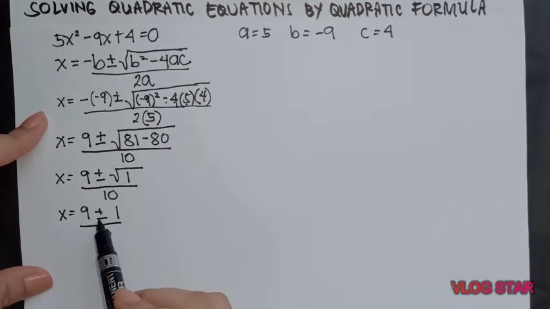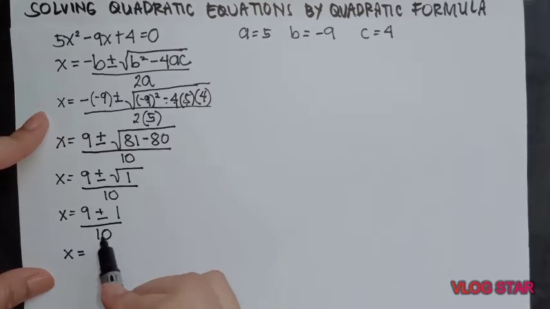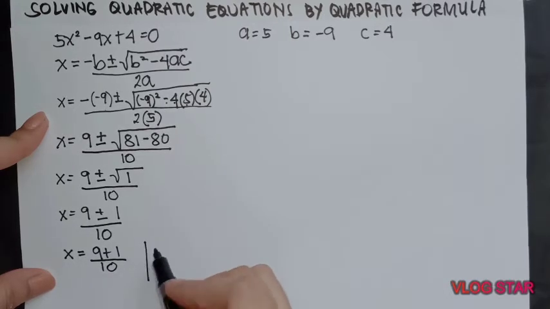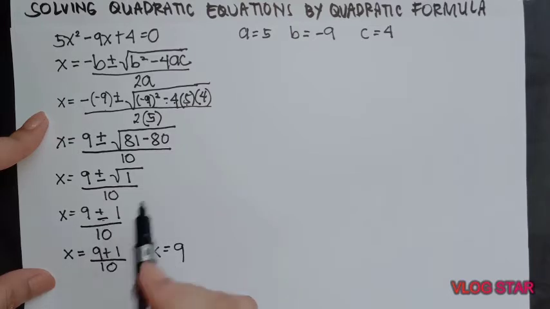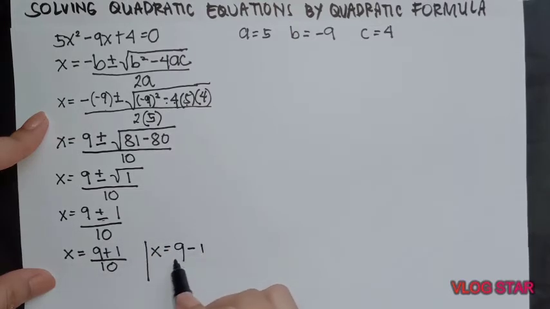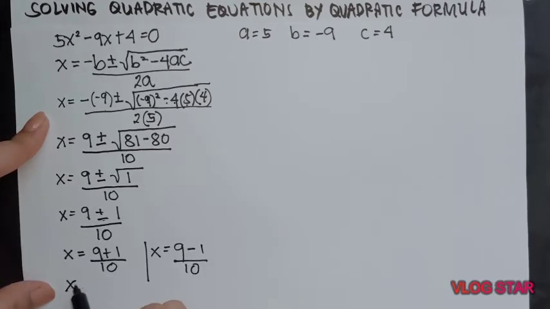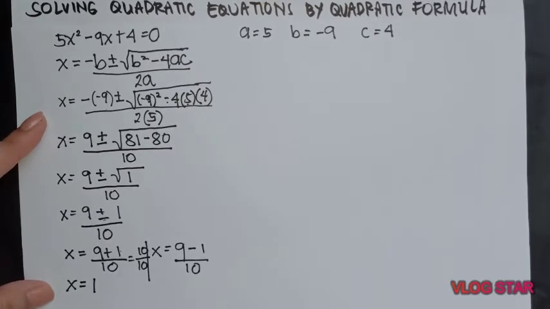So let's now separate 9 plus 1 and 9 minus 1. And we're going to have here 9 plus 1 all over 10. And then the other one is we have 9 minus 1 all over 10. So the answer here will be 9 plus 1, that is 10 divided by 10. So x is 1.